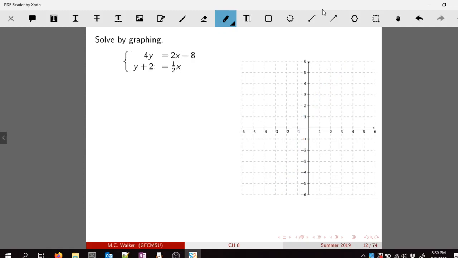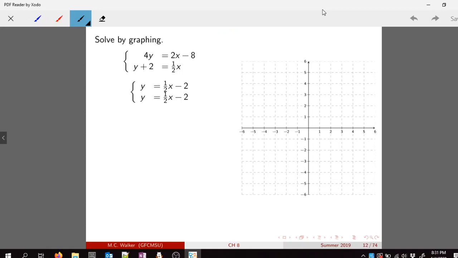What about this? 4y is equal to 2x minus 8, and y plus 2 is equal to 1/2 x. Once again, let's get these into slope-intercept form. And when we do that, it's the same line, right? 4y is equal to 2x minus 8.